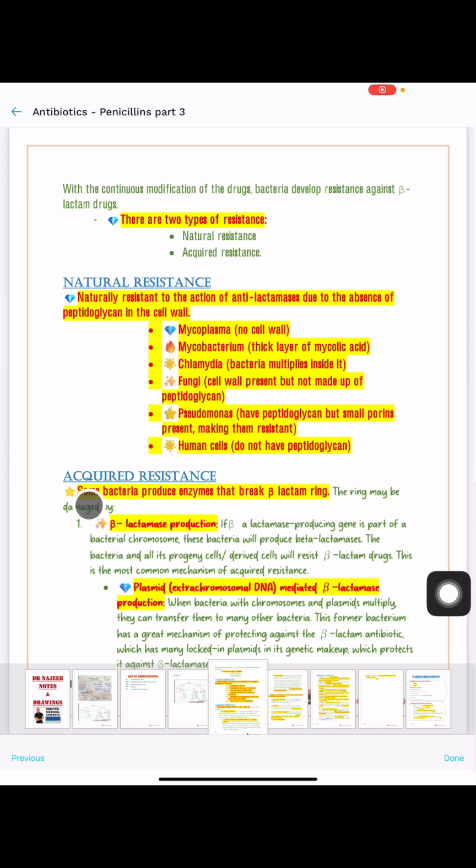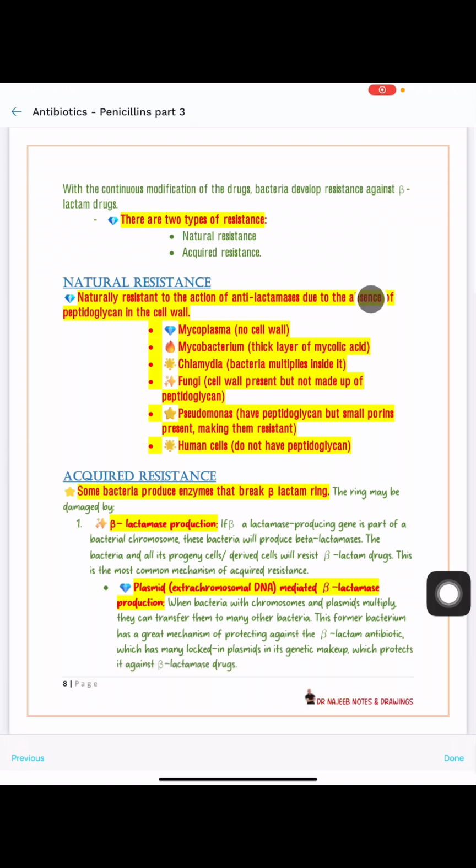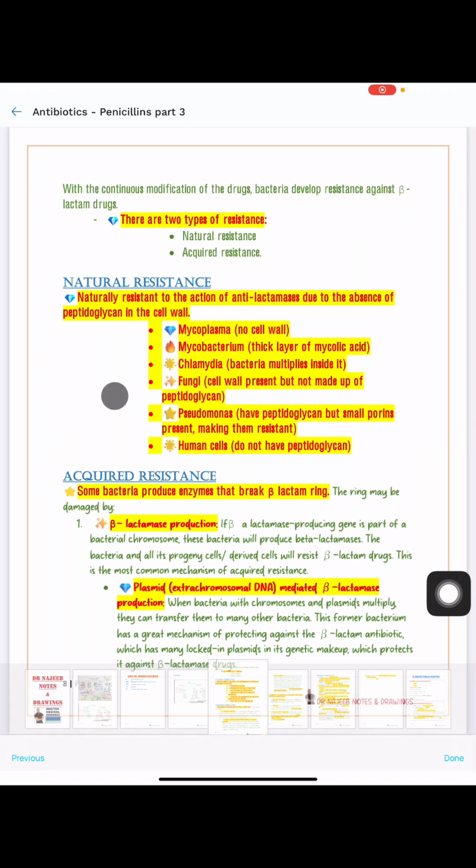And if that organism does not have a peptidoglycan, then that penicillin can't prevent the transpeptidation there. Hence those organisms would be naturally resistant to the penicillin.